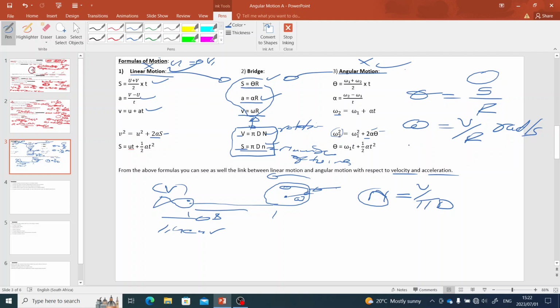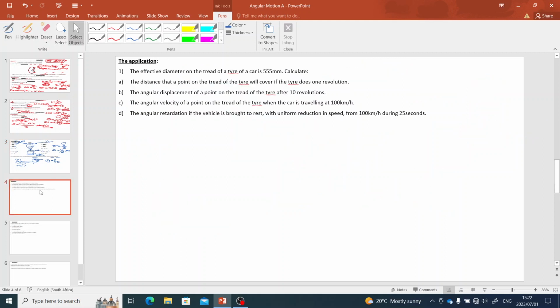The only thing that has changed is the symbols. Now let's look at the application of these formulas. Let's look at one application, then we'll continue with the rest of the applications on the next video.